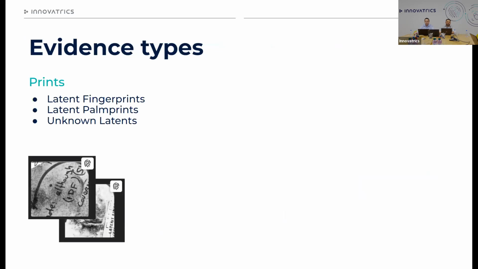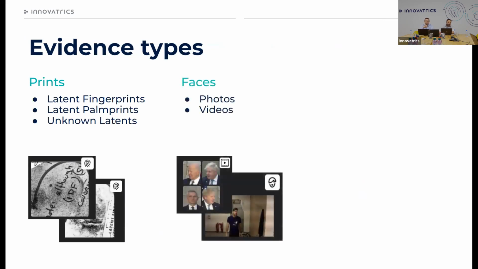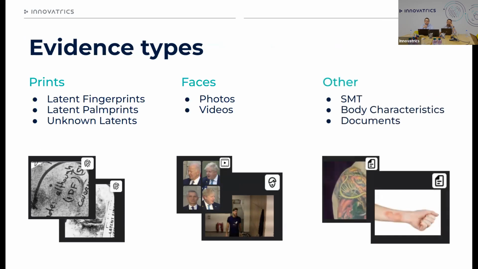Evidence types. ABIS can store several types of evidence. Evidence, for example, that can be used for biometric matching, like prints or faces. They can be extracted either from a photograph or video, for example. The second type of evidence is the SMT, or body characteristics.